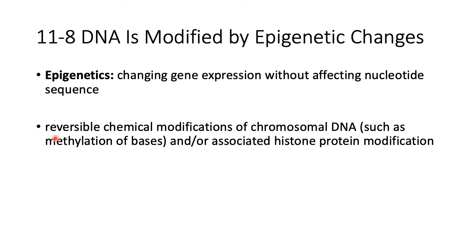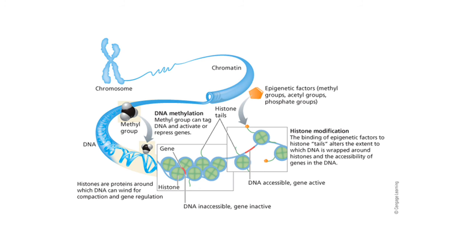And so epigenetic changes are reversible chemical modifications of chromosomal DNA, such as methylation of bases, which we have talked about in other chapters, or histone protein modification. So if we remember from previous chapters, DNA is basically tightly coiled around these proteins called histones.